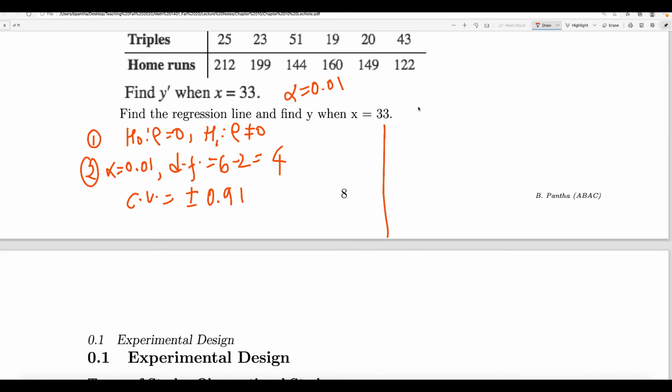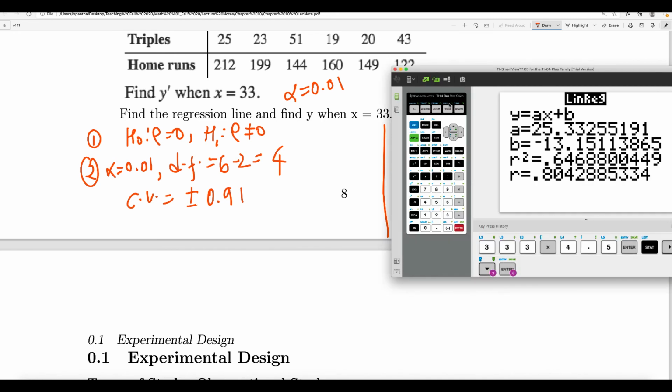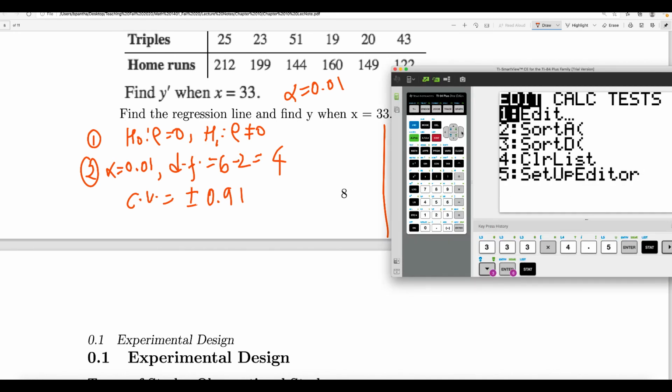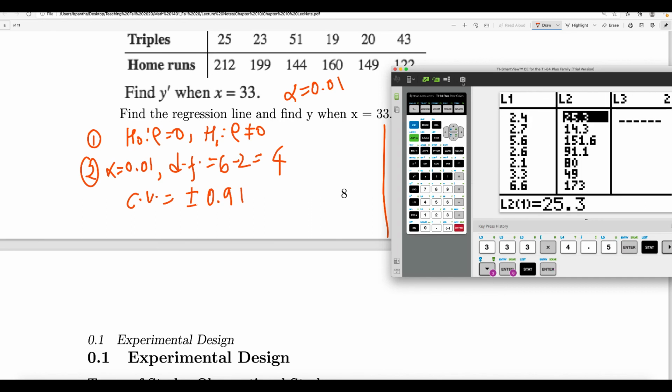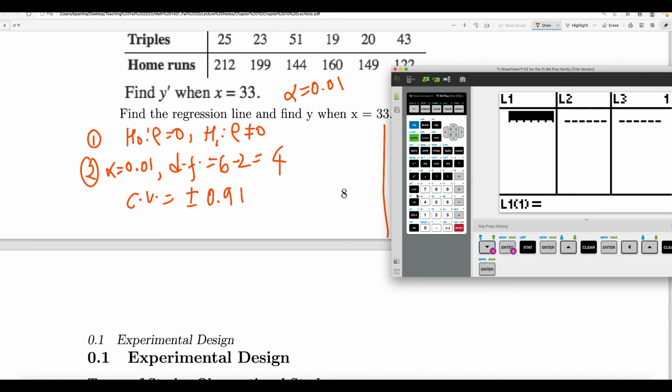So what is the correlation coefficient? Number 3 is correlation coefficient is denoted by R equals to, we find that from the calculator. Okay, so go to the stat and then hit enter. I want to remove all the previous data. So 25, 25, hit enter, 23.